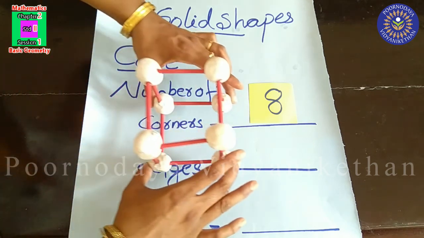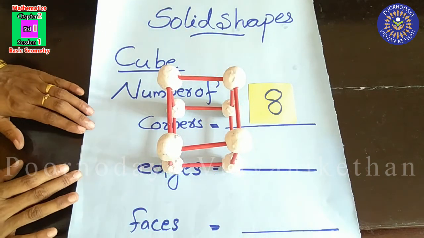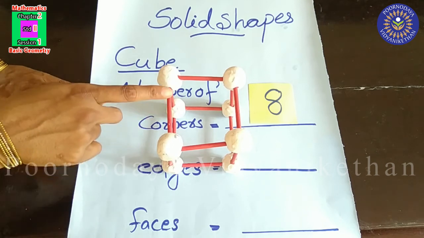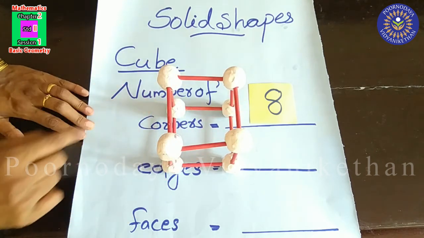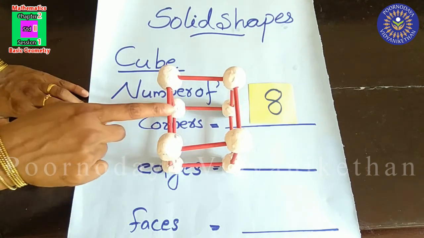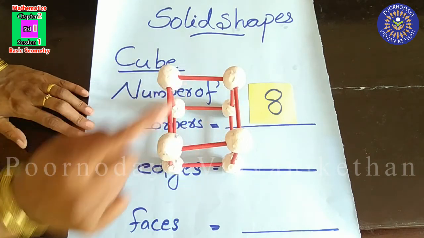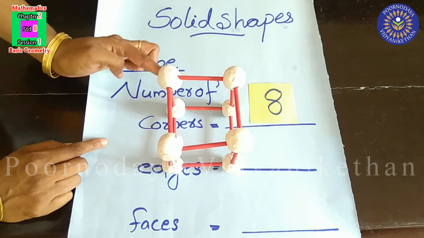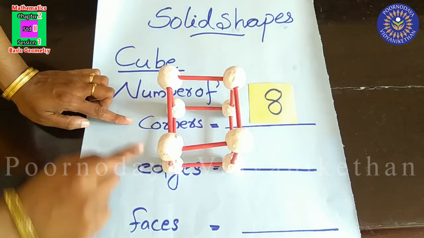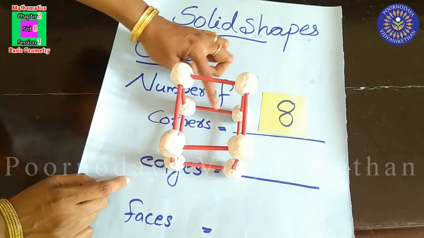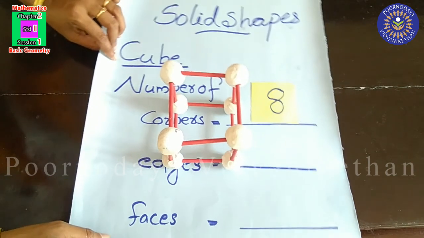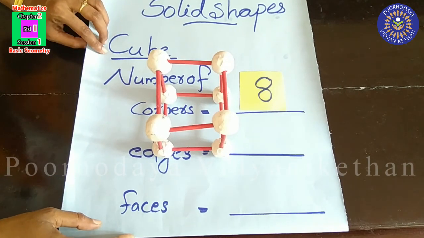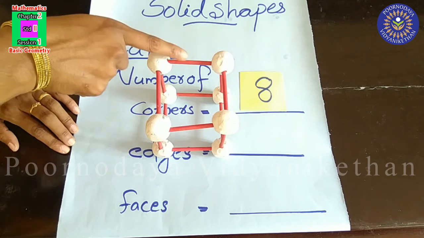Clear? Next we are going to count the number of edges. See here, these red sticks are the edges. 1, 2, 3, 4, 5, 6, 7, 8, 9, 10, 11, 12. There are 12 edges. Did you understand? Count once again.